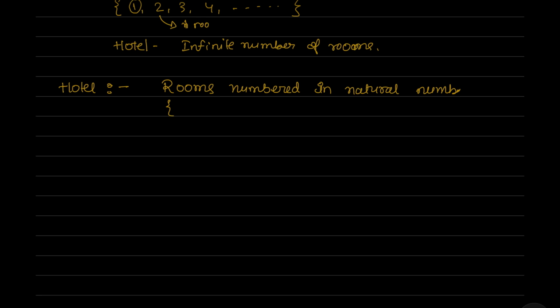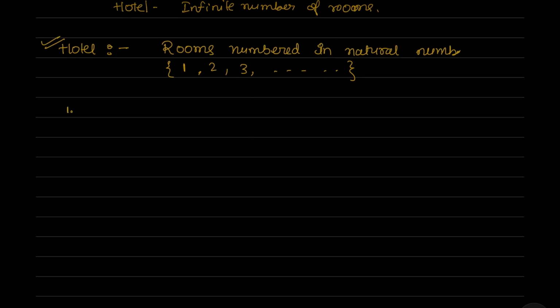What are the numbers of the rooms? You have 1, 2, 3, up till it goes out to infinity. For every number that you can think of, the largest number you can think of, there will always be one room more than that. That is a condition for this hotel. Now we will go set by set.